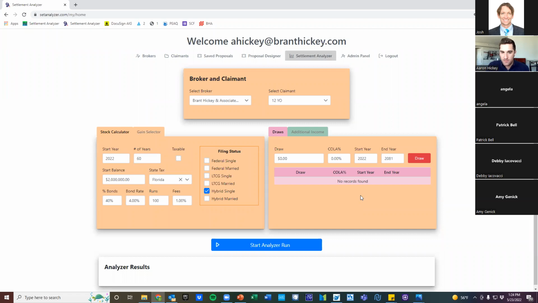So I went onto a life company's quoting software this morning, used a 12-year-old male, no rated age, and said, what does $2 million buy me for a life and 40 with a 2% COLA? What that returned on an annual basis, because the draws on this right side are on an annual basis, makes the calculation significantly easier on the software.